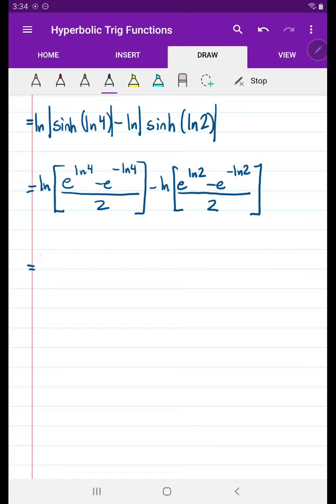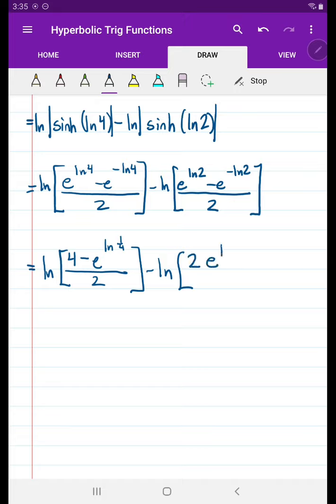we're going to have the natural log of (4 minus e to the natural log of 1/4) all over 2, minus the natural log of (2 minus e to the natural log of 1/2) all over 2.